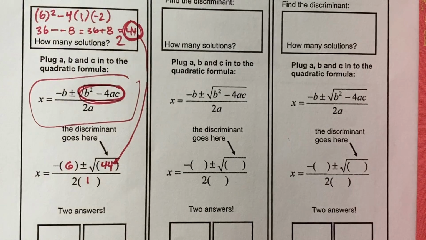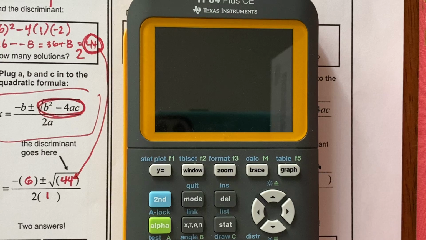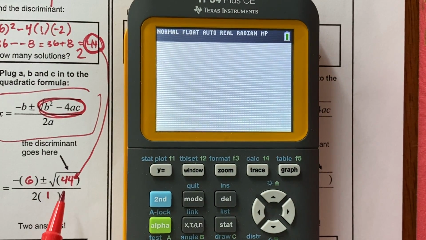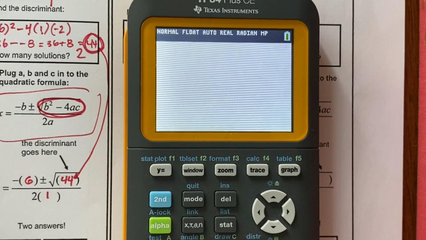And here's where my strong suggestion would be your calculator, because 44 is not a perfect square, and it's just easier to do this in your calculator.